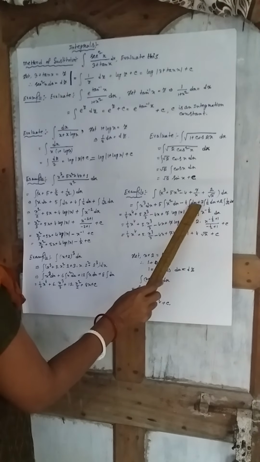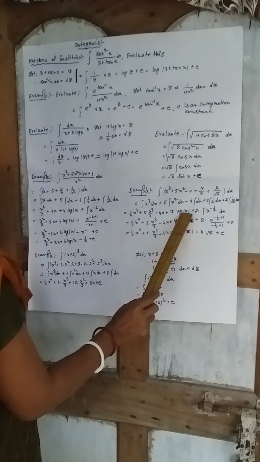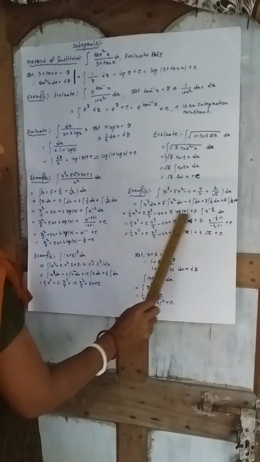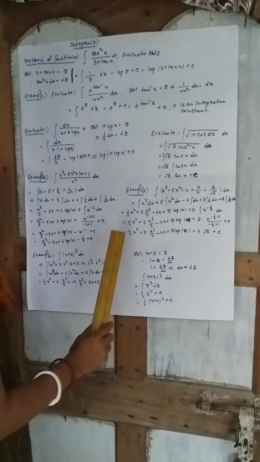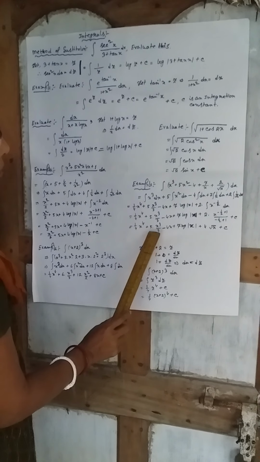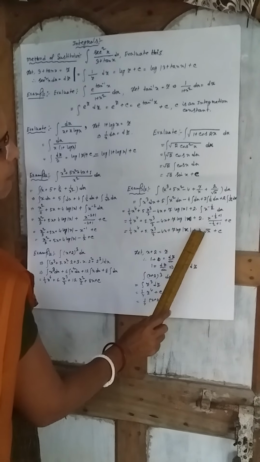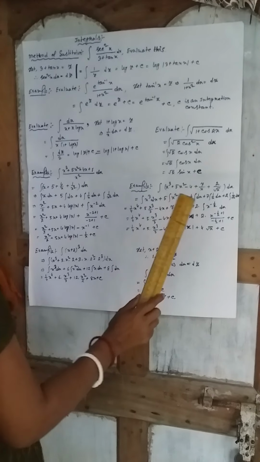Now integration of 1 dx equals x, that means 4x, and 7 times integration of 1 by x means 7 log x. So the final result is x to the power 4 by 4 plus 5x cube by 3 minus 4x plus 7 log x plus 4 root x plus c.